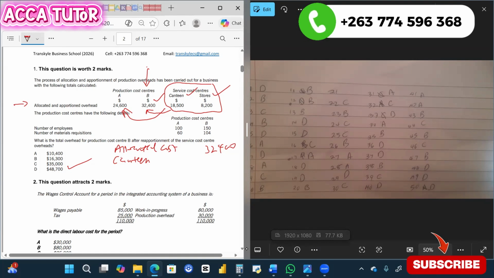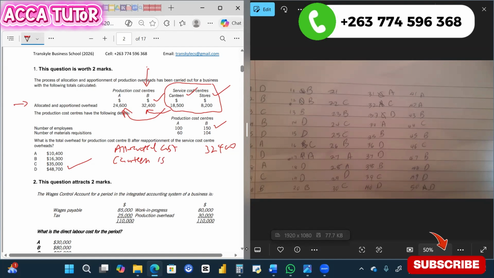So we ask ourselves, how many employees from production cost center B are accessing the canteen? We can generally say everybody working at cost center B is accessing the canteen. Production cost center B has 150 employees who are accessing the canteen.